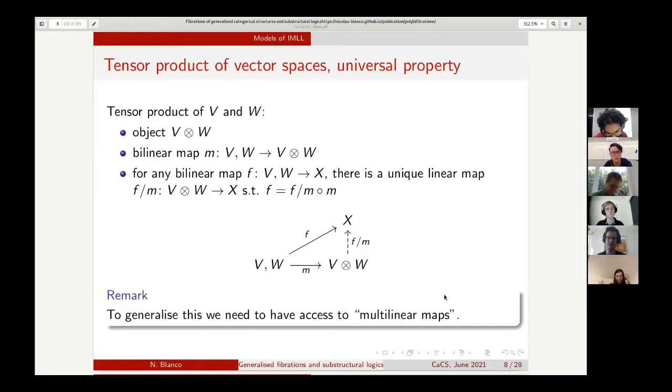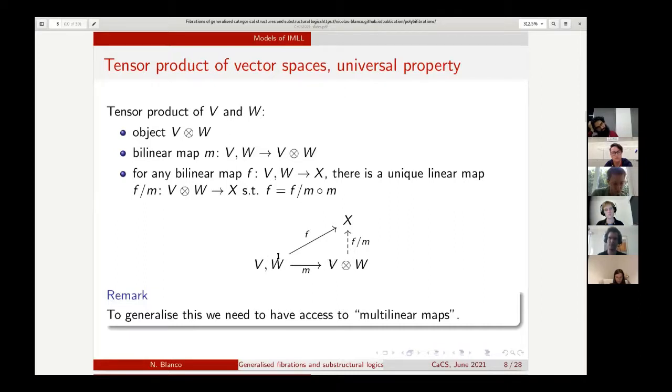But there is another way of defining the tensor product of vector spaces, which is by the universal property. The universal property states that given two vector spaces, we get a bilinear map from those into their tensor product in such a way that any bilinear map that goes out of V, W will factorize uniquely through this map.